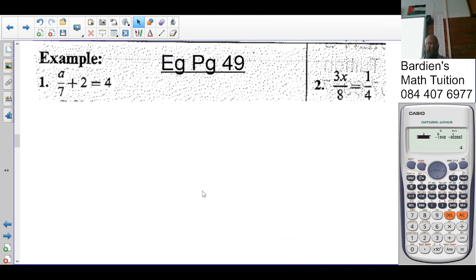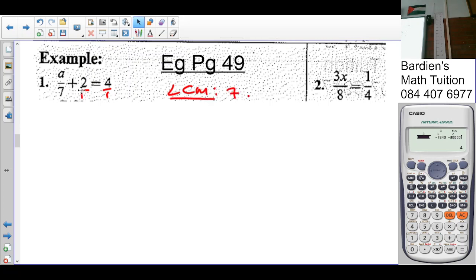Okay, so what is your LCM here? 7. What makes 7 your LCM? Because that's the lowest common multiple that 7 and 1 can go into without remaining.